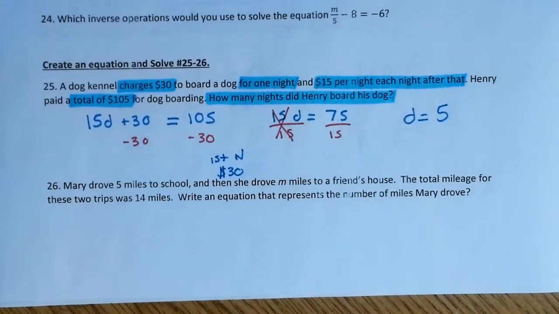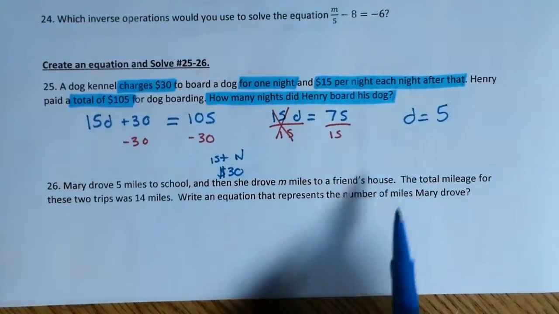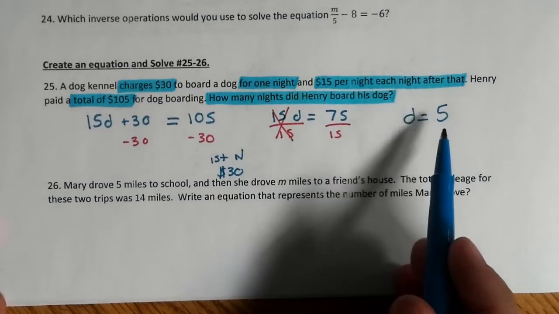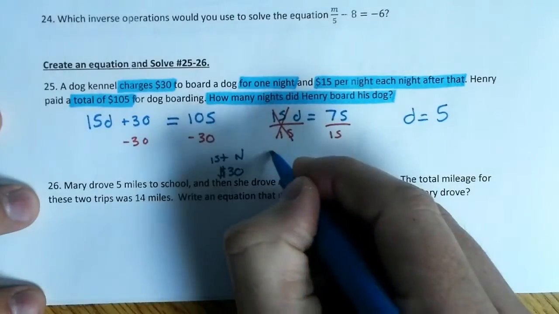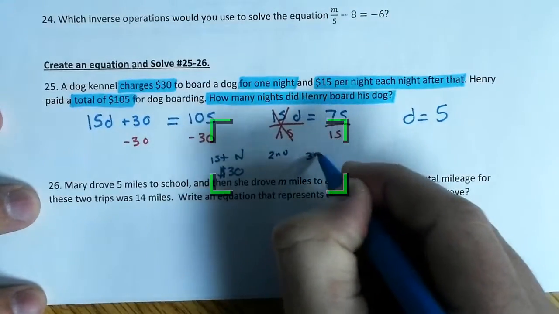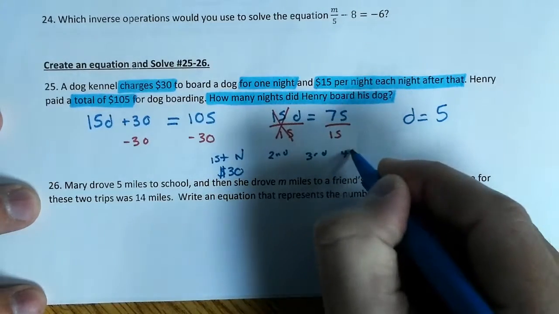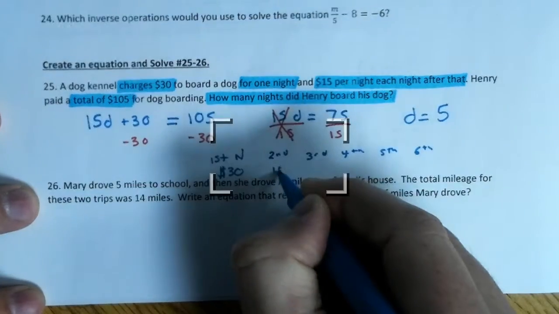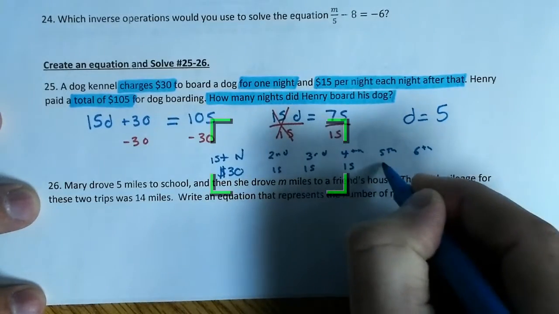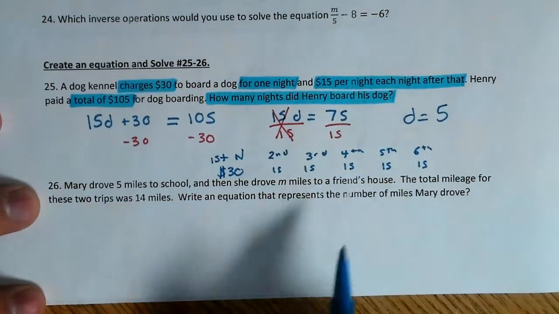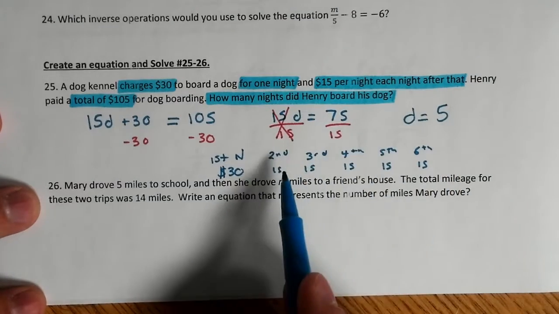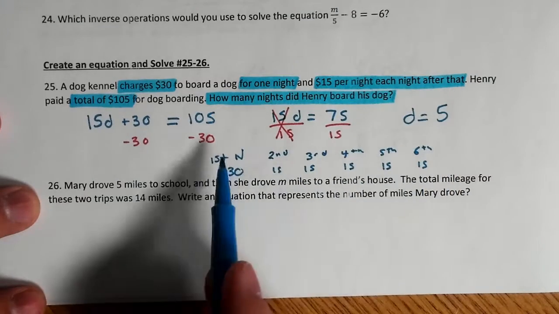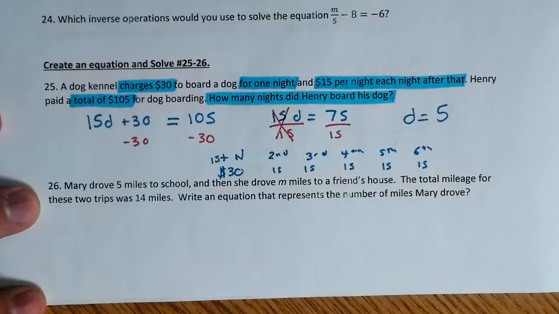What did we get? He stayed 5 nights for $15. So, the second night, third night, fourth night, fifth night, sixth night. Notice 15, 15, 15, 15, 15. So for 5 nights he stayed for $15, and for that first night he had to stay for $30.